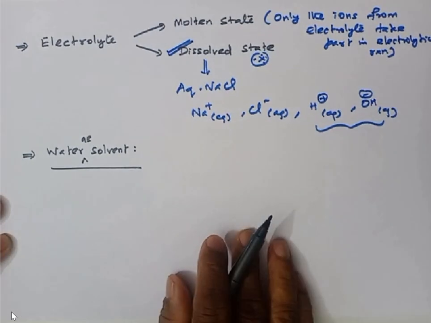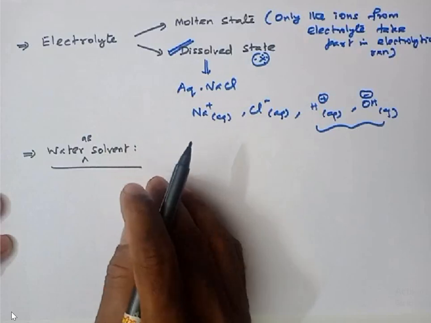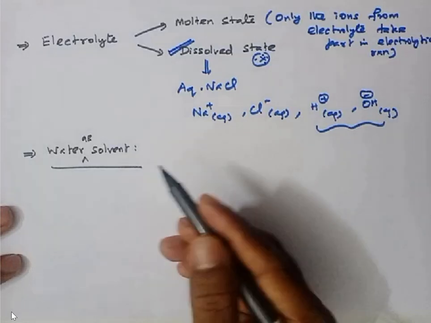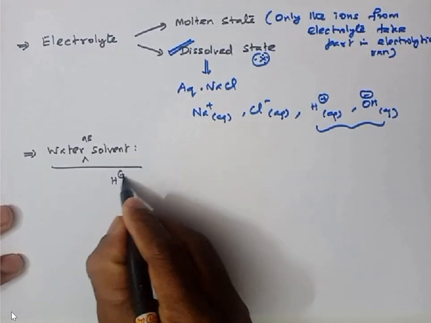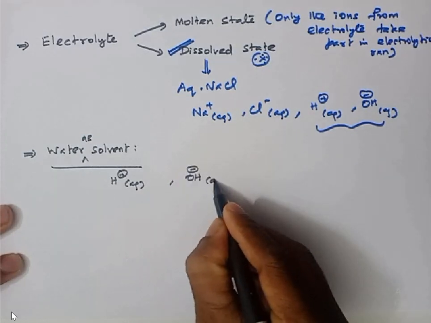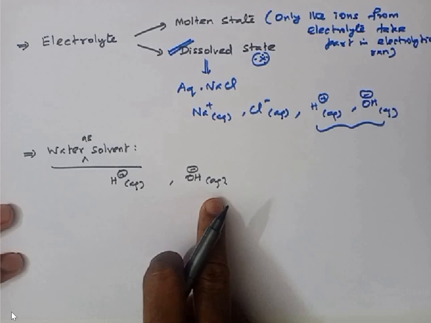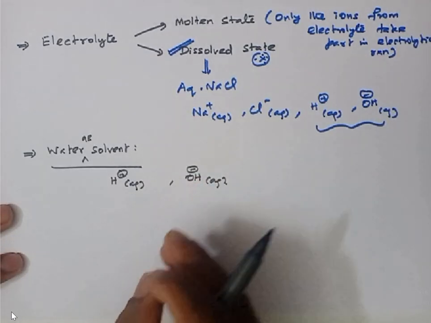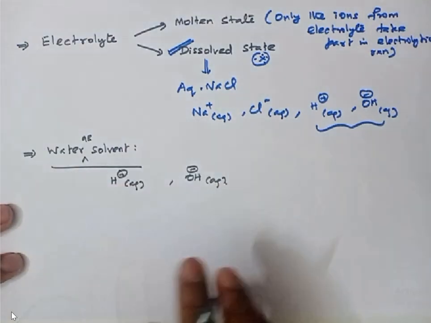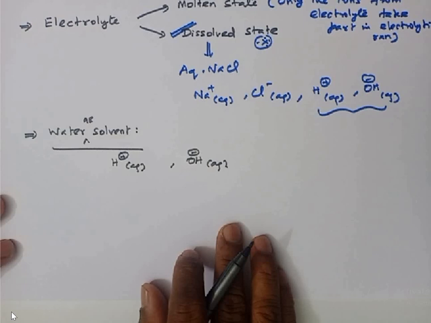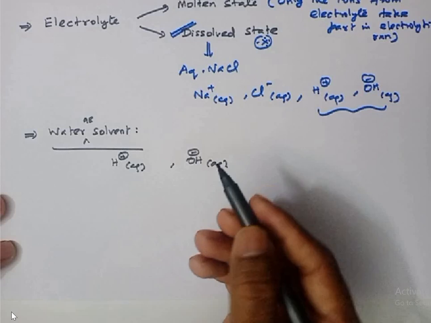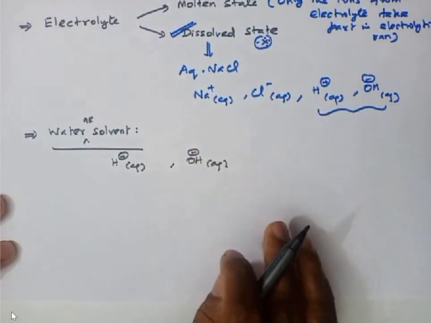Apart from the main ions, that is ions from the electrolyte, the self ionization of water produces ions like H plus in aqueous medium and OH minus in aqueous medium. These two ions also take part in the electrolytic reaction. These ions actually come from the self ionization of water. Now these ions can undergo oxidation and reduction at the respective electrodes.